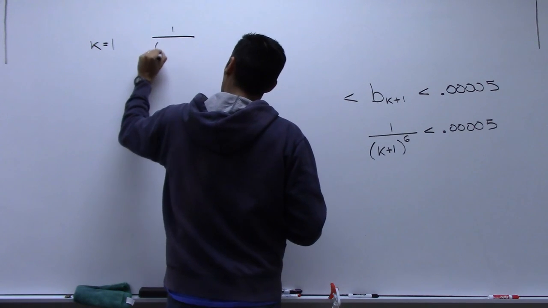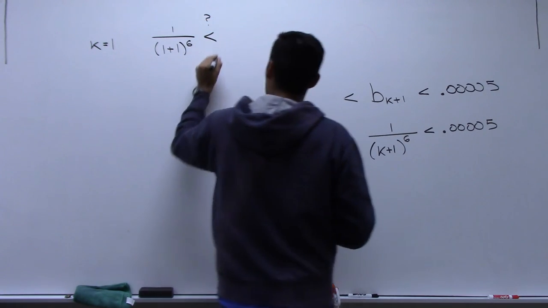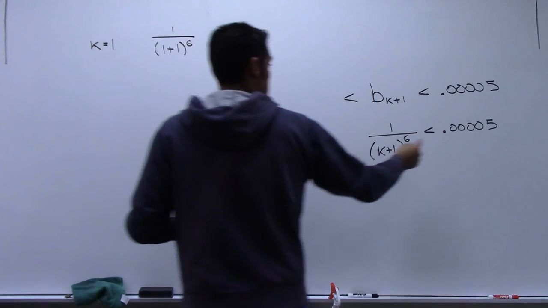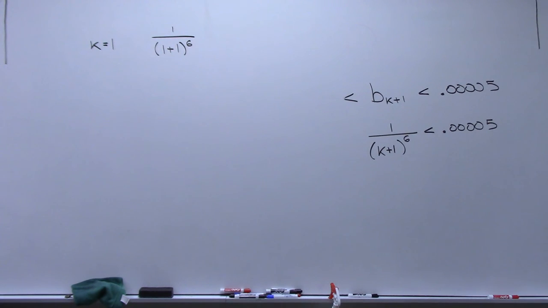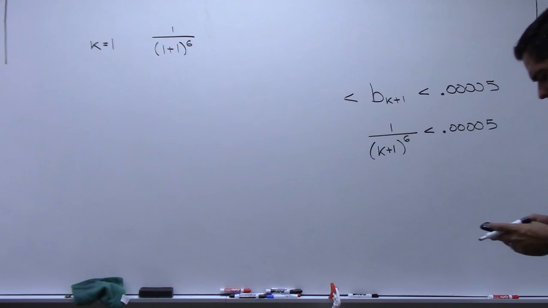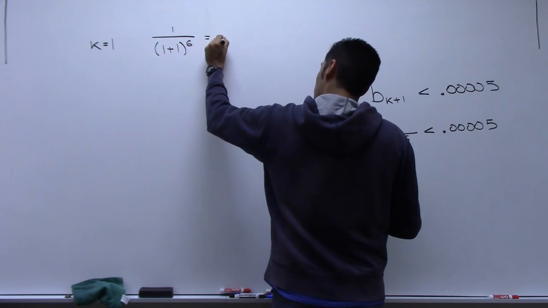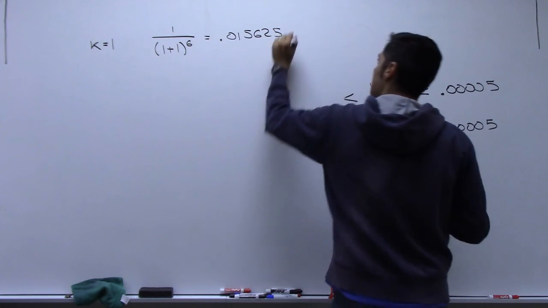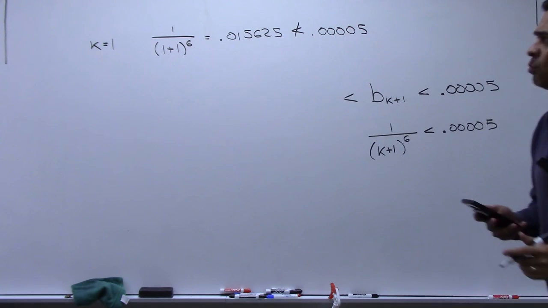I get 1 over 1 plus 1 to the 6th, which is 1 over 2 to the 6th power. That is 0.015625. Is that less than 0.00005? No, it's not. So k equals 1 was not enough.